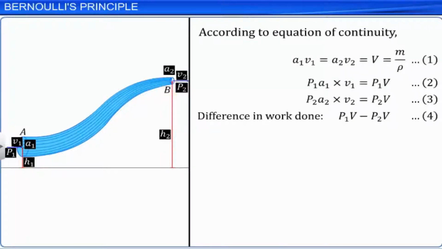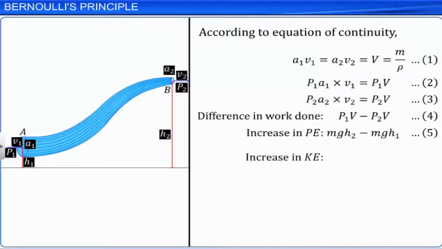Thus, the increase in potential energy of the fluid element per second from A to B is expressed as mgh2 minus mgh1. Let this be equation 5. The increase in kinetic energy per second from A to B is expressed as half mv2 square minus half mv1 square. Let this be equation 6.